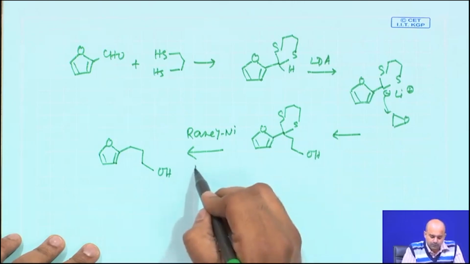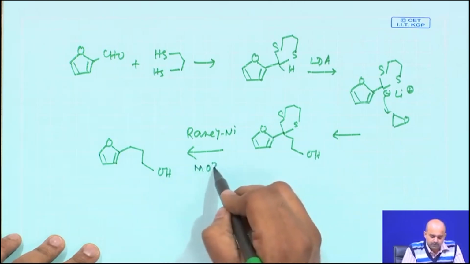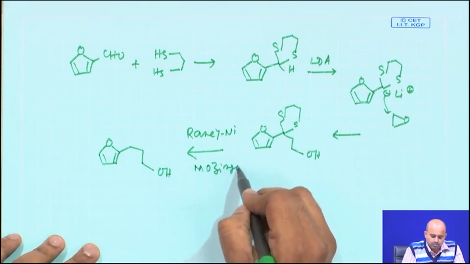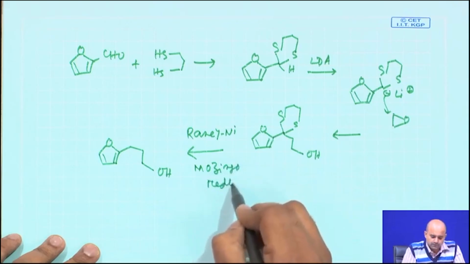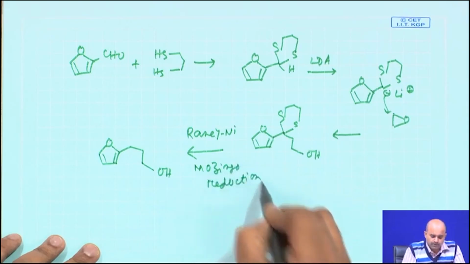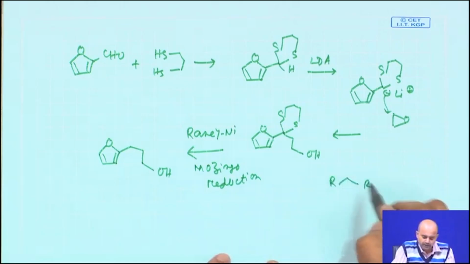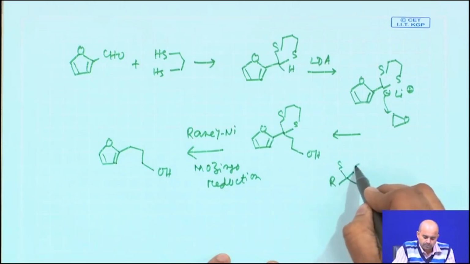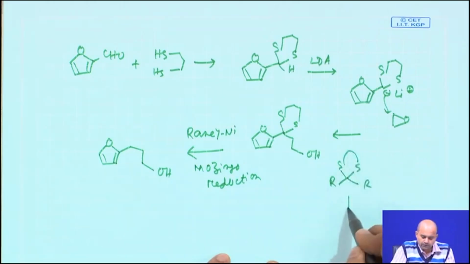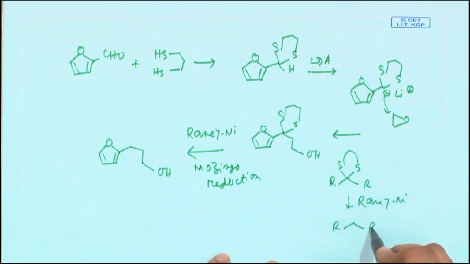This particular reduction is sometimes referred to as Mozingo reduction. Basically, if you have a dithiane, you react with Raney nickel and hydrogen, you get the corresponding hydrocarbon.